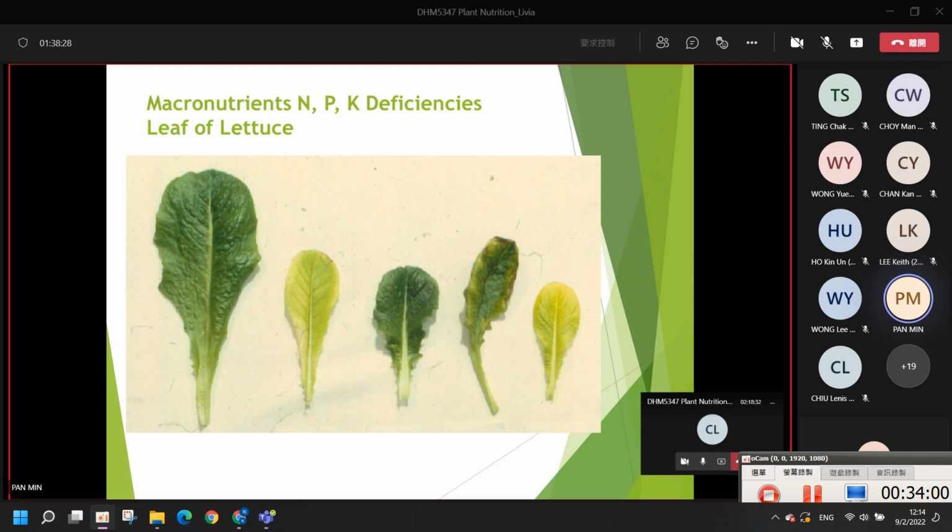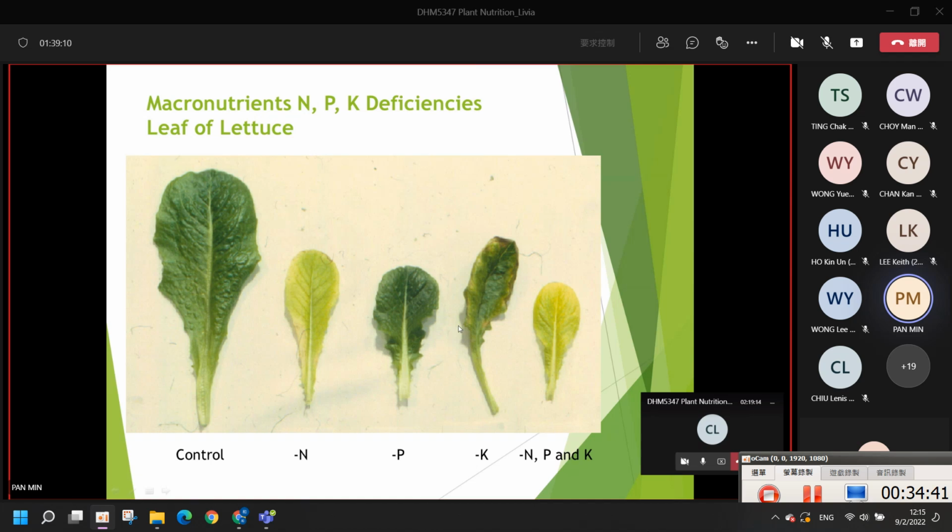And here shows the symptoms of nitrogen, phosphorus, and potassium deficiency in leaves of lettuce. Here you can see that this one is the control. The size is normal, with the green color for the leaves. The nitrogen deficiency shows chlorosis, a smaller leaf area, and it shows in the younger leaves with a light green color.